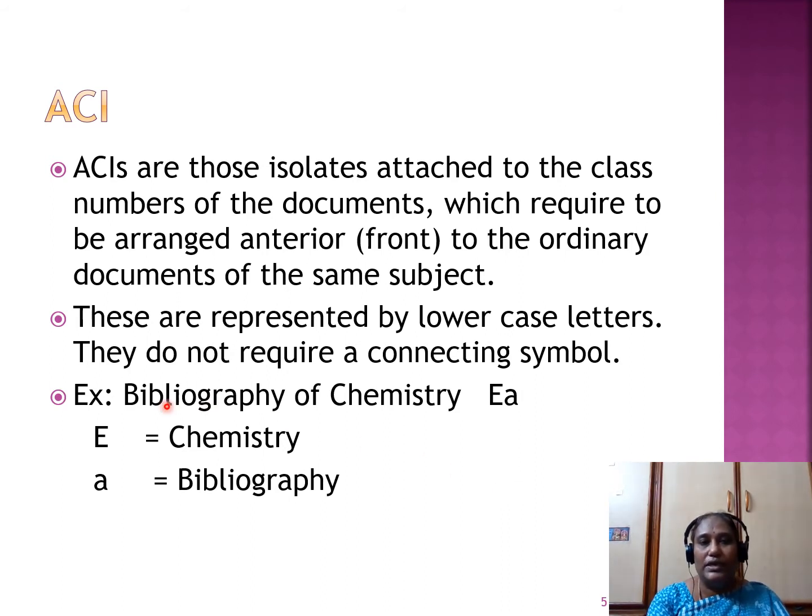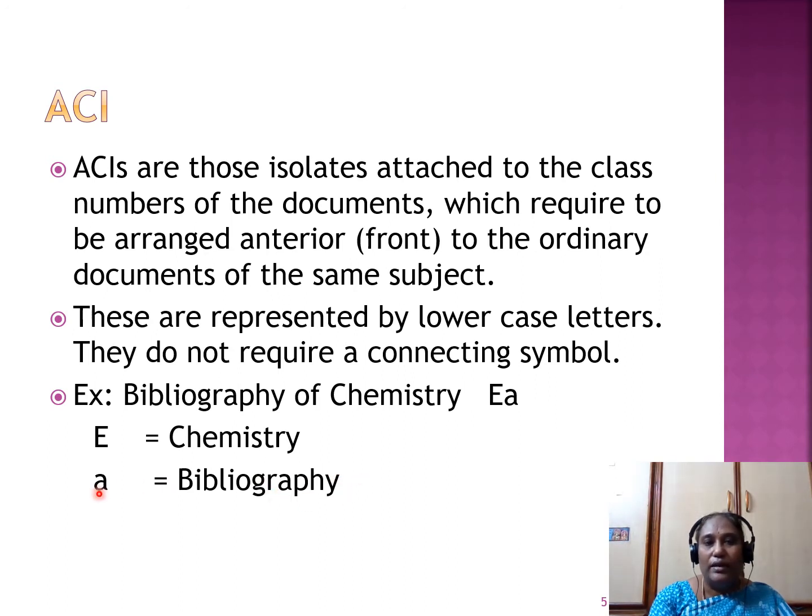For example, take the title bibliography of chemistry. The number for this according to colon classification is capital E and small a. If we analyze these facets, what is E here? E is chemistry, the basic subject, and small a is bibliography.